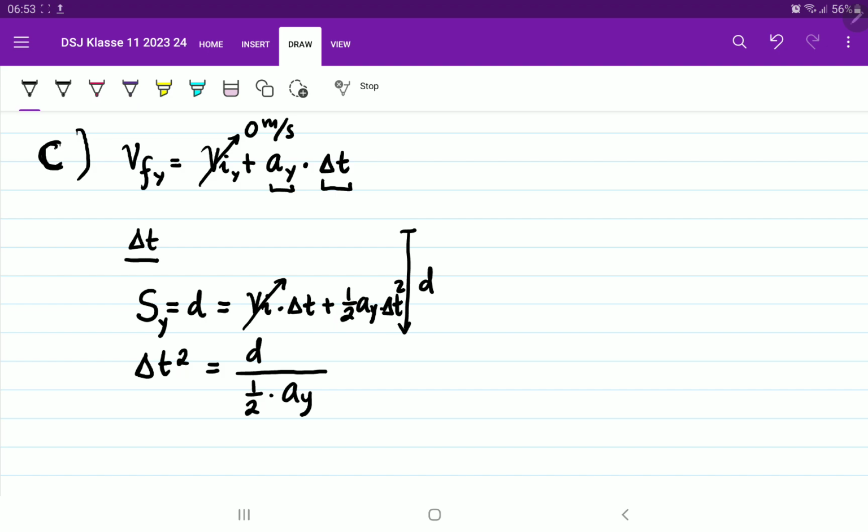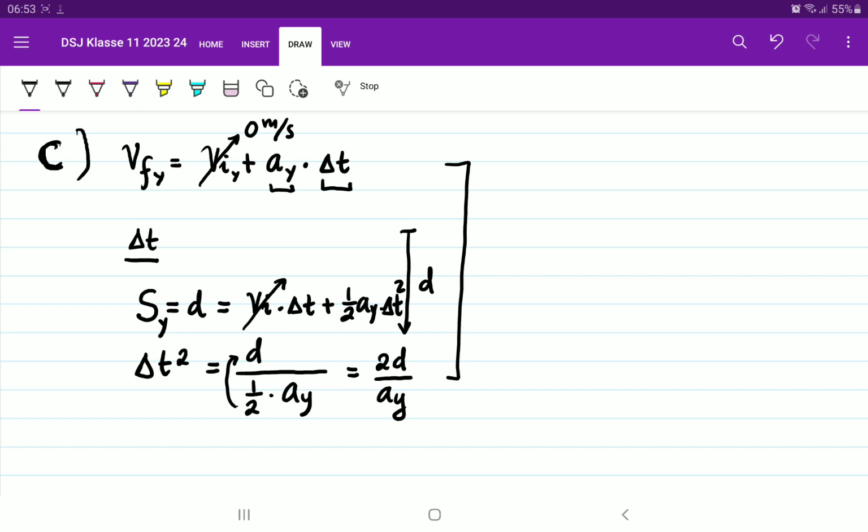Now, it can be shifted for the 1/2. The 2 goes up, so it becomes 2 times d divided by a_y. Now, it is a challenge for you to combine both of them into one single formula.